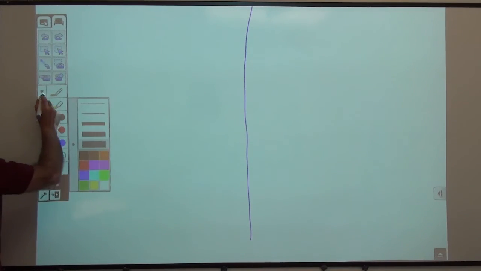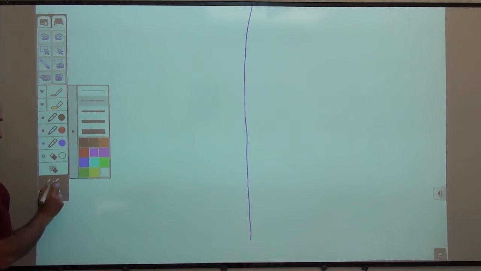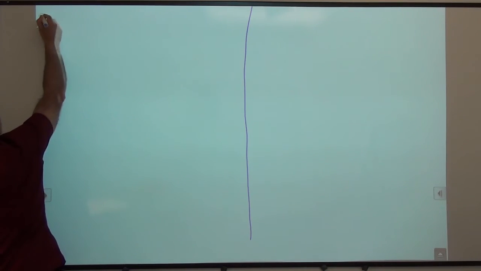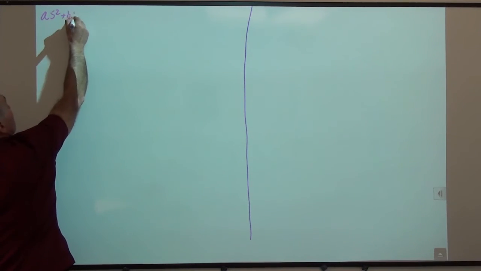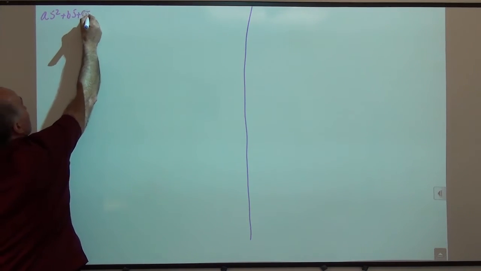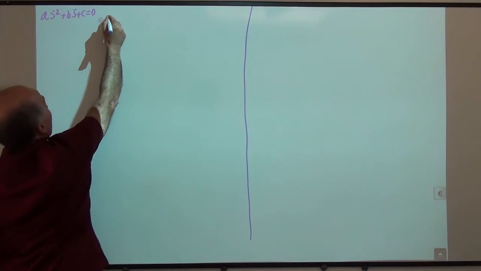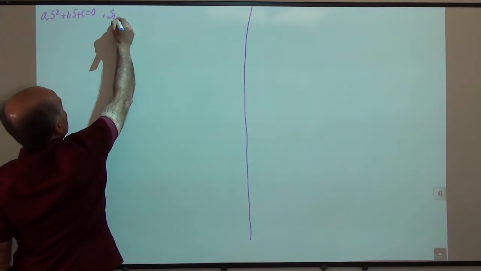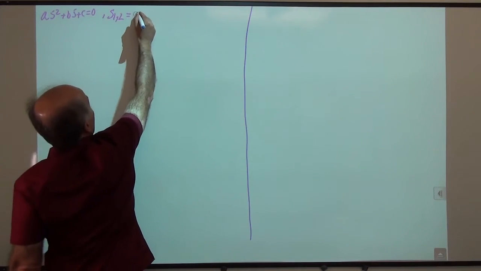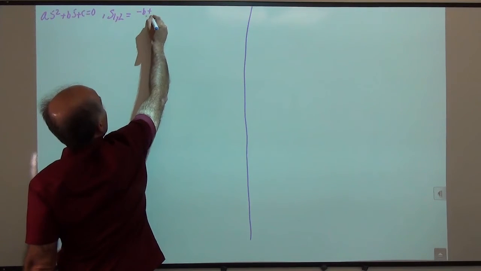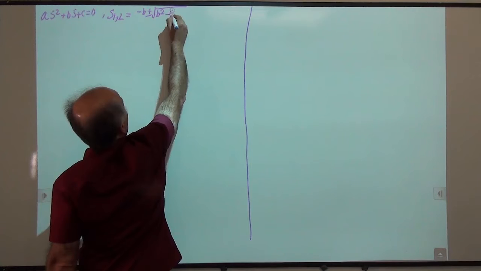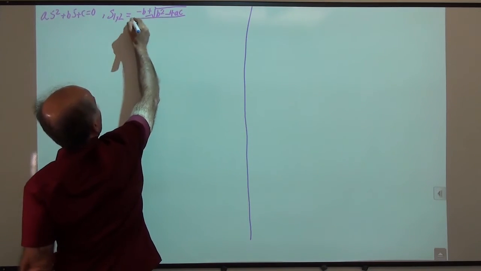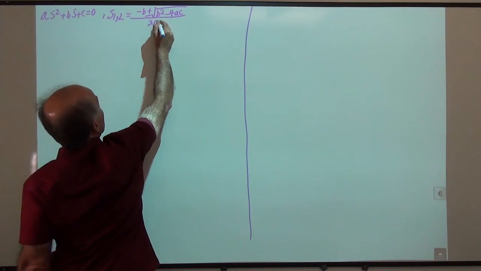Okay, so we have a s squared plus bs plus c equals 0, and that means that the 2 roots are given by minus b plus minus square root of b squared minus 4ac divided by 2a.